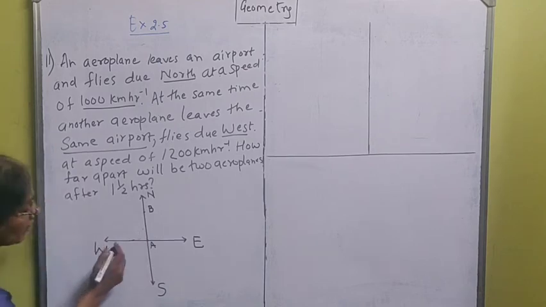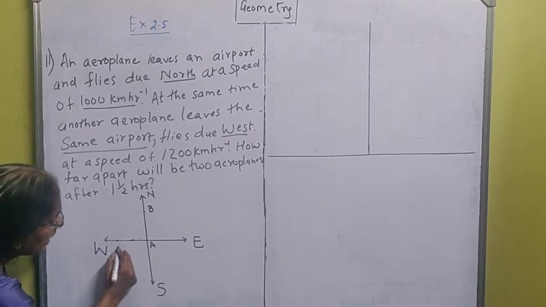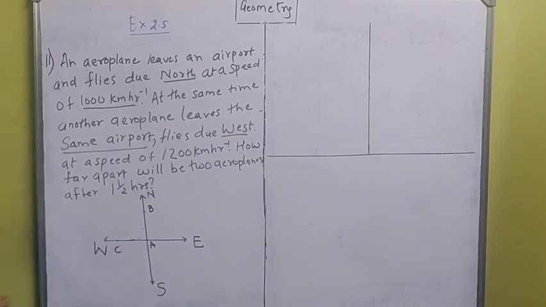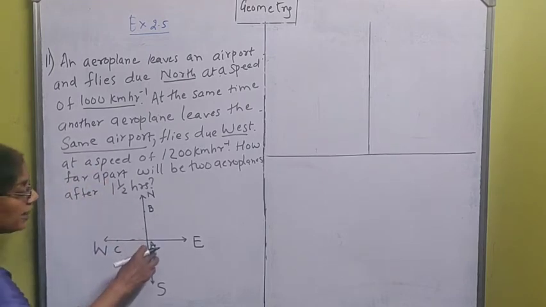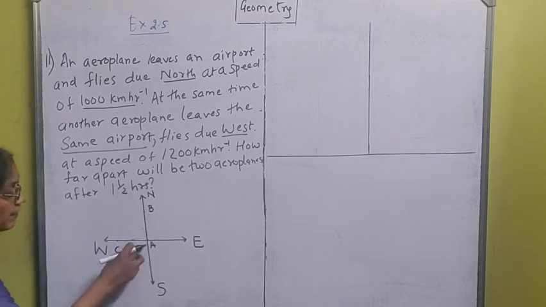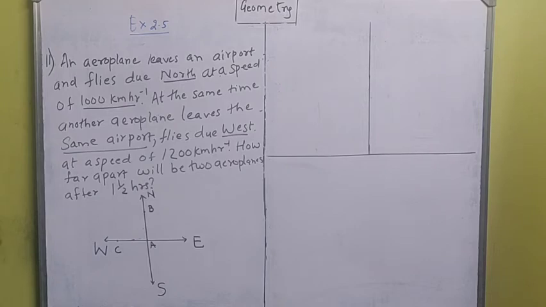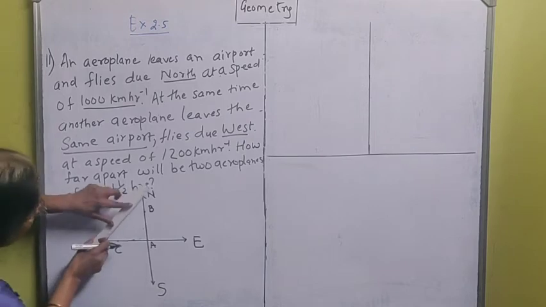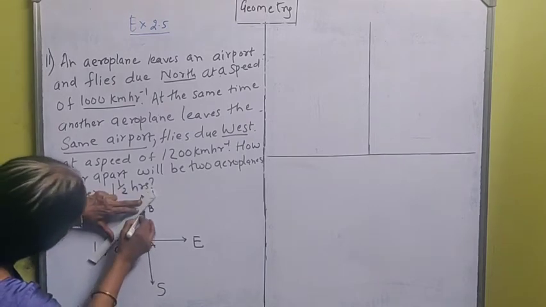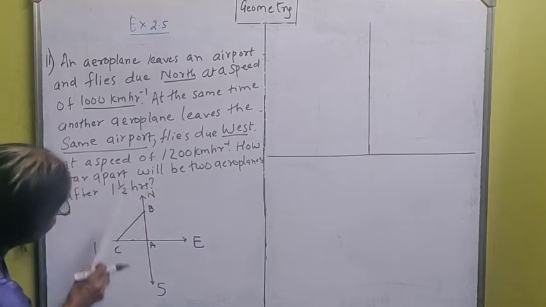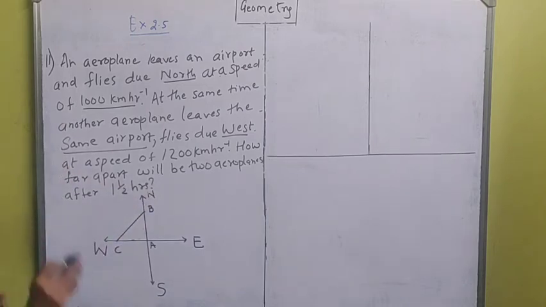And after 1.5 hours, say that it reaches a point C. So after 1.5 hours, from airport A, the first plane reaches point B and the second plane reaches point C. So AB is the distance travelled by the first plane and AC is the distance travelled by the second plane. Now what is the distance between these two planes after 1.5 hours? We have to join BC. So BC is the distance between the two aeroplanes after 1.5 hours.